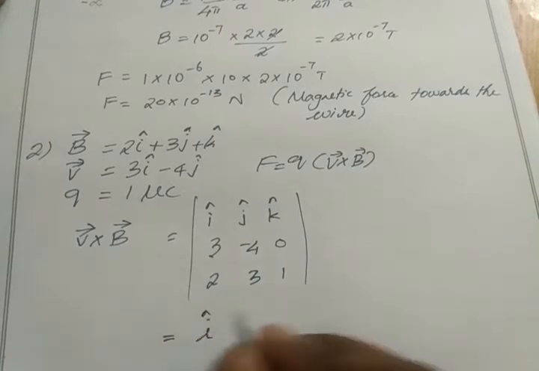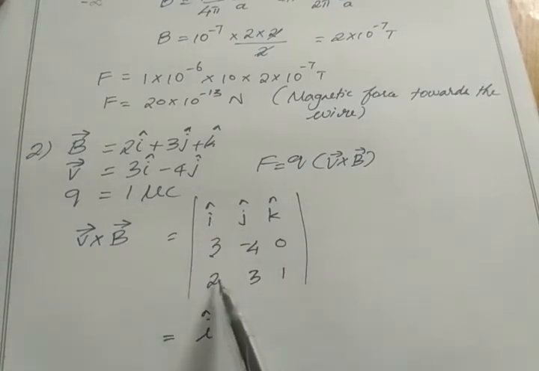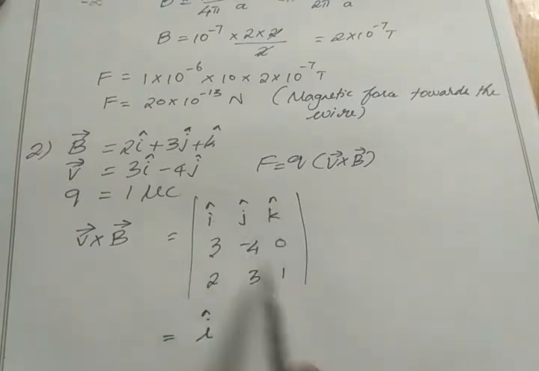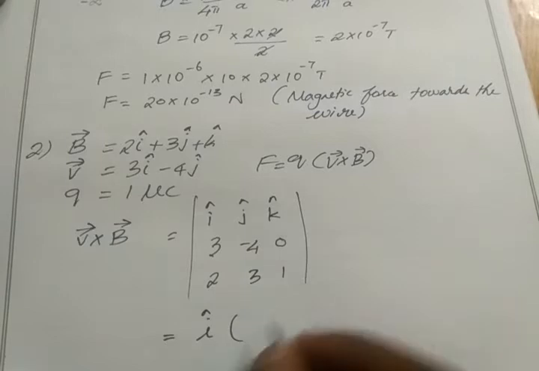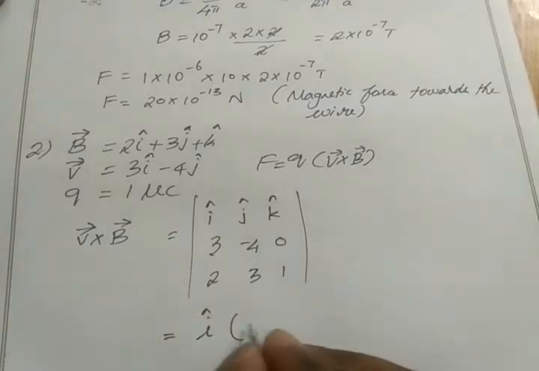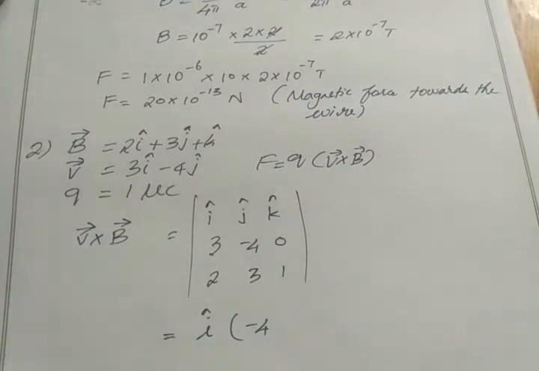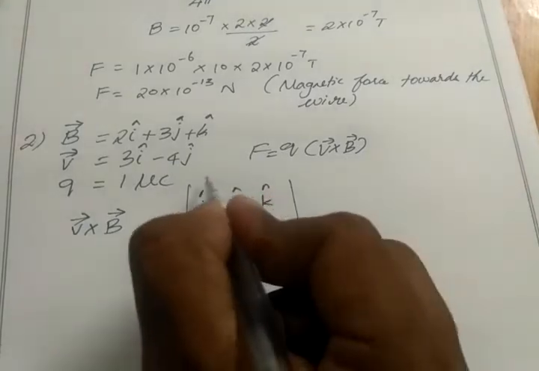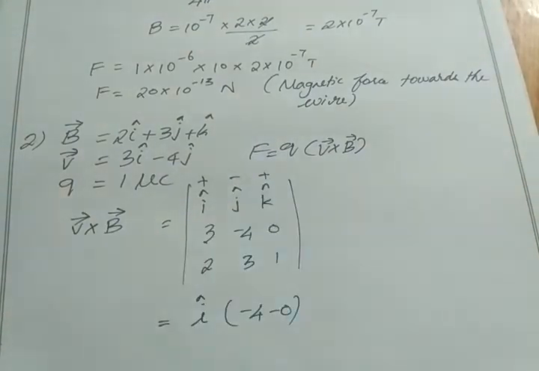Take the i value. So leave this column and row, then do cross multiplication. Okay, so minus 4 into 1, minus 4, 3 into 0, minus 0. Okay, then here I have plus, minus, plus.